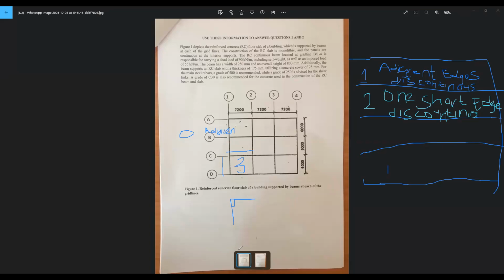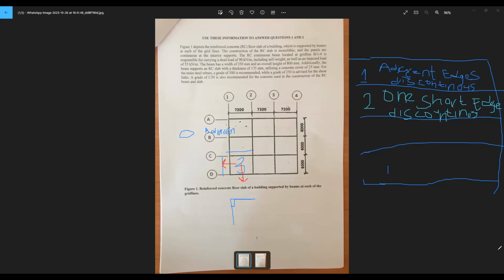So let's flow out. We fly out from this side and it leads us out of the whole slab area. So that side is discontinuous. Let's move from this side.